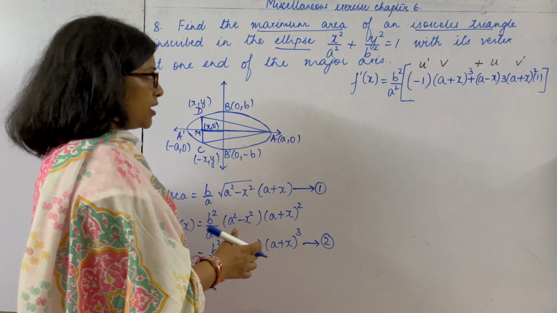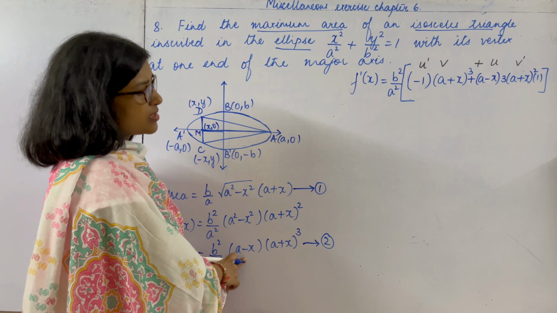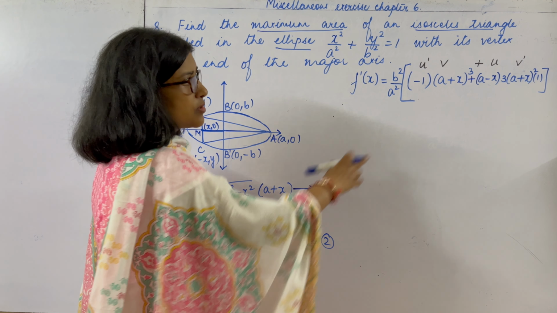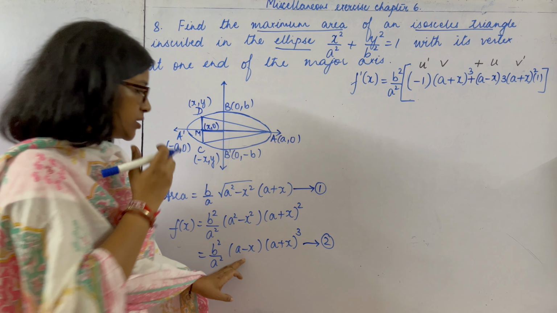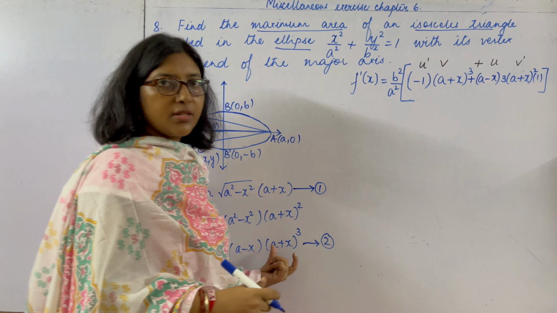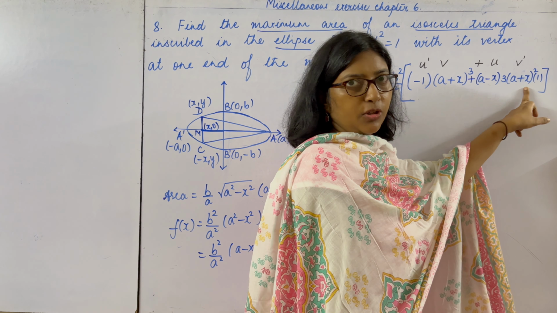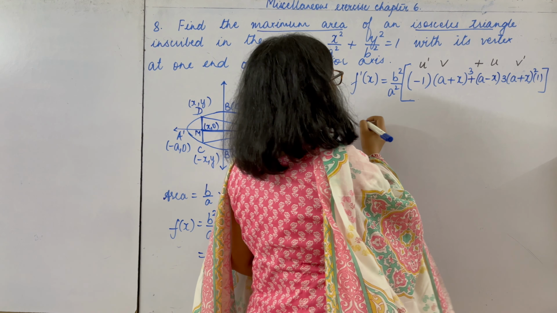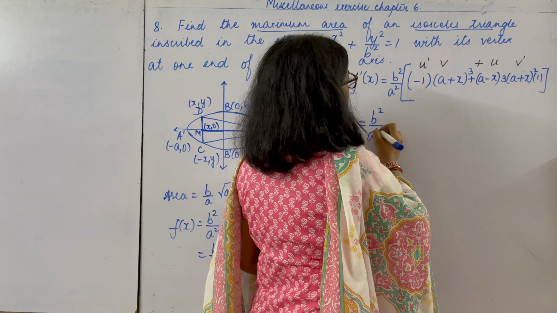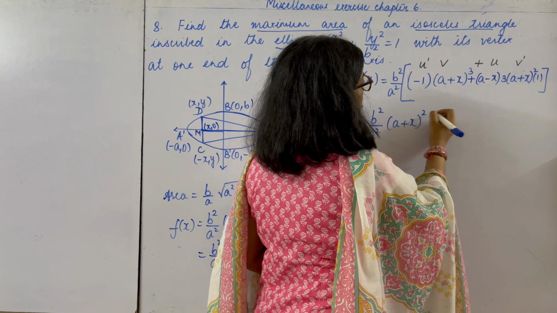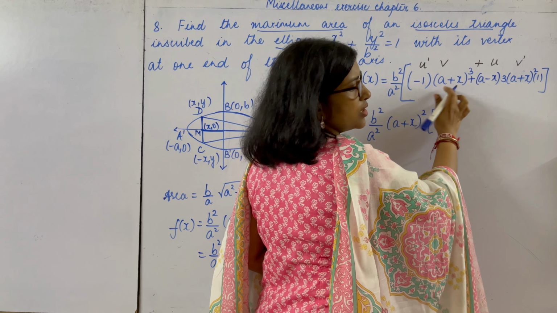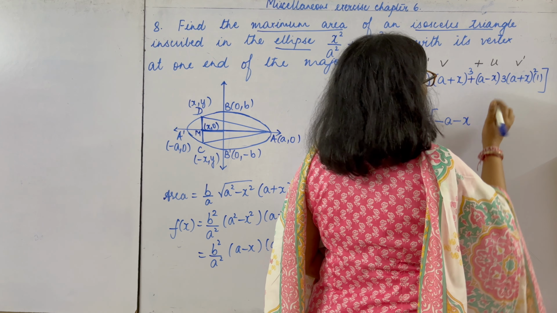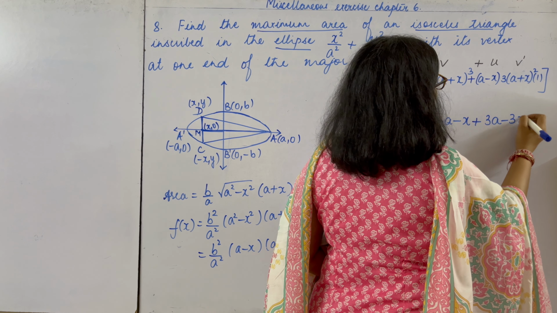On applying u dash v, the derivative of a minus x is 0 minus 1, that is minus 1, this term as it is over here, and in the same way the first term u as it is, the derivative of a plus x whole cube, which is 3 into a plus x whole square, and then again the derivative of a plus x, which is 1. Now we need to simplify this, and we can see that a plus x the whole square is common. What is left here is minus 1 into a plus x, which becomes minus a minus x, plus 3a minus 3x.